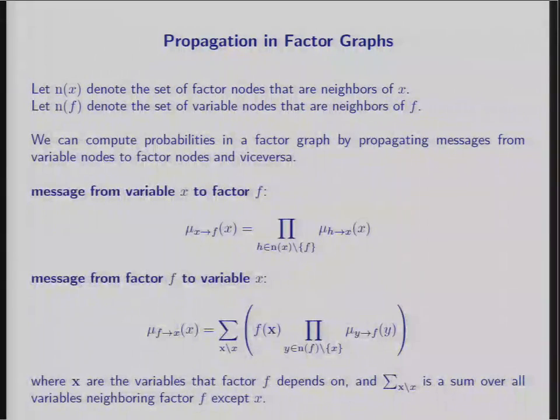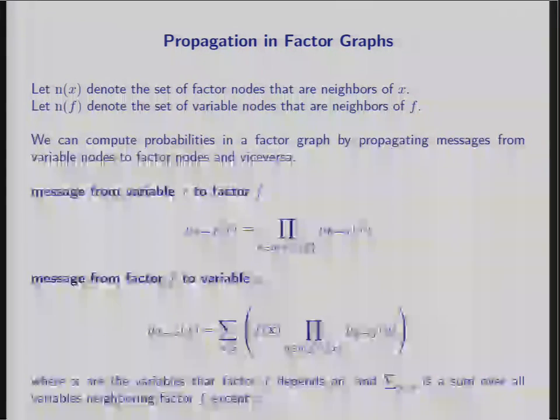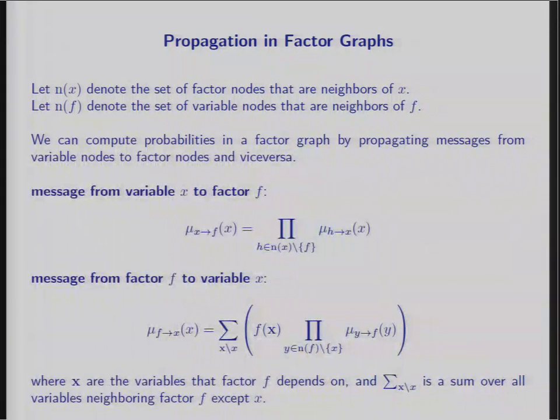The message from factor f to variable x is given by the following equation. The message from f to x is also a function of the variable x. It's the sum over all variables, not including x, of the factor f multiplied by the messages from all the other variables to that factor f. Okay? So again, it's taking incoming messages, multiplying them by its local factor, then summing out all variables other than the variable x that it's sending the message to.